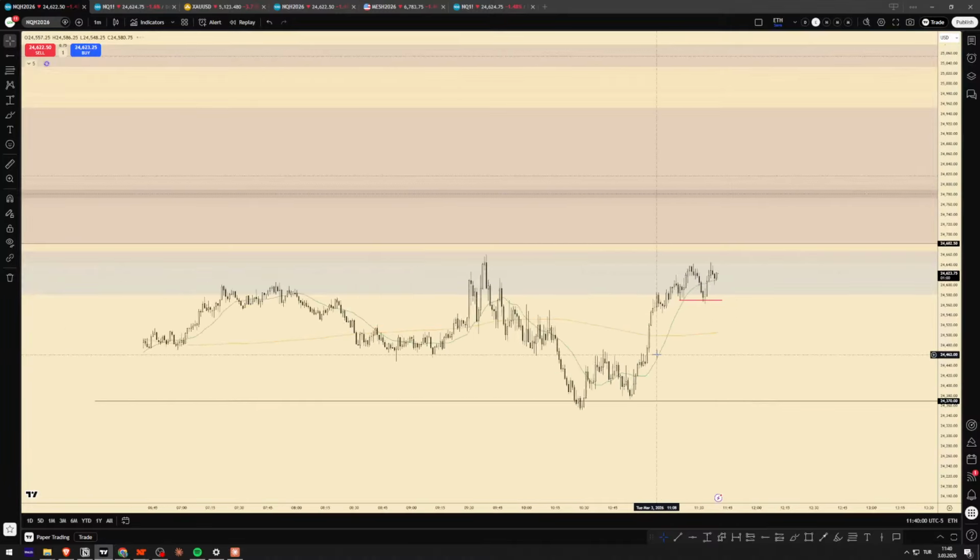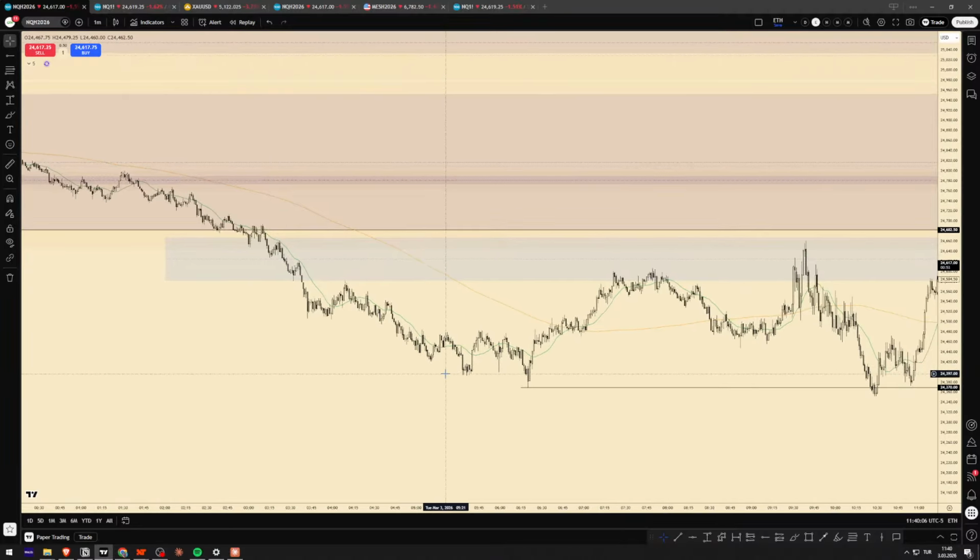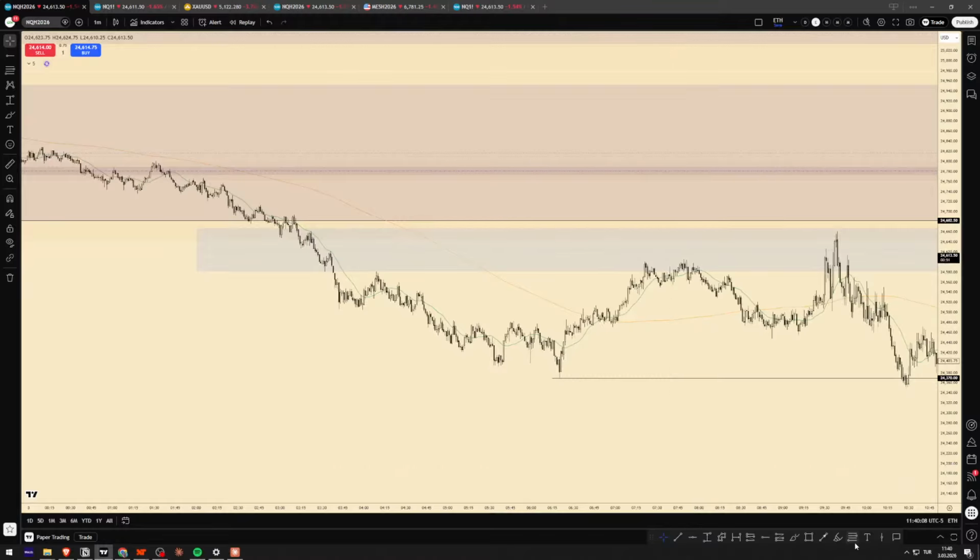If a really big institution starts accumulating their longs around here, their little buys might spike the price. So let's say an institution opens a couple hundred longs here.